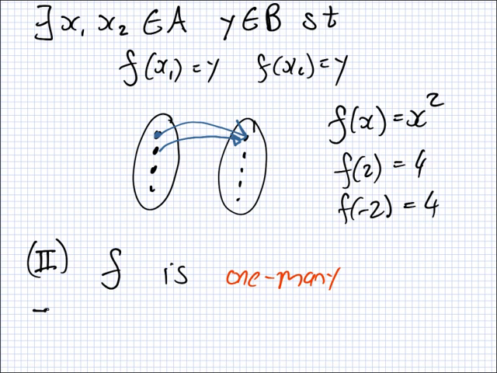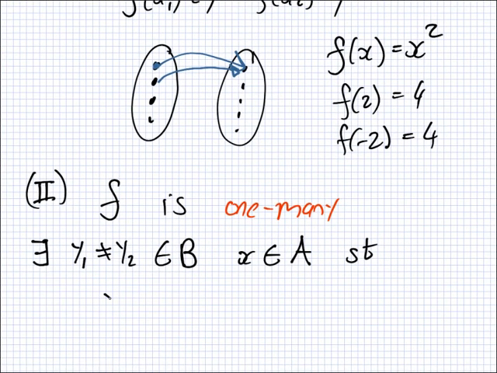Let me show you. That means there exists y1 not equal to y2, both in B, and an x in A, such that y1 equals f(x) and also y2 equals f(x).